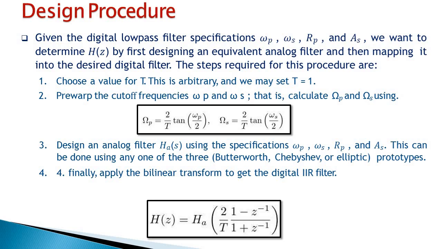We have already done that using a Butterworth or Chebyshev prototype, and then by substituting S equal to 2 by T into (1 minus Z raised to minus 1) upon (1 plus Z raised to minus 1), we will get the digital transfer function. Initially we pre-warp the cutoff frequency, to avoid the aliasing or warping effect.